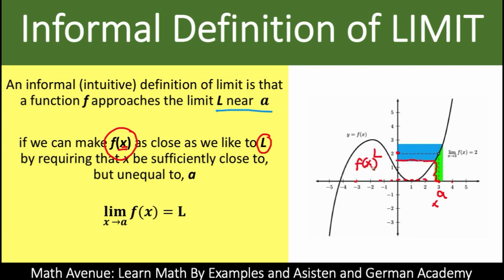If you want to make f of x sufficiently close to the limit L, that means this distance is very, very small, then we can achieve that by requiring that our x, this point, approaches a specific value A. So we make this x so close to A, but not equal to A. And so by making this x close to A, our f of x is becoming closer and closer to the limit L. So we can now write this idea in this way.